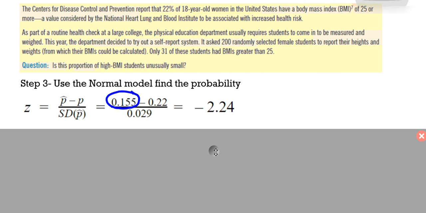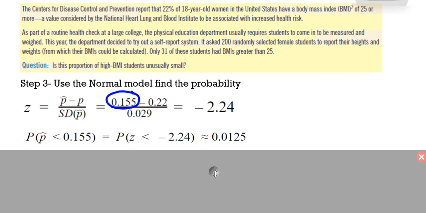That gives us a z-score of negative 2.24, right? So what we're really looking for is the probability that the p-hat is 0.155 or lower, right? Which is the same as the probability that z is less than negative 2.24.